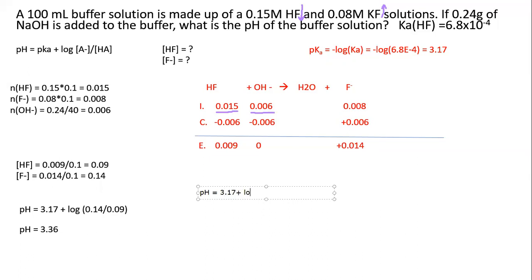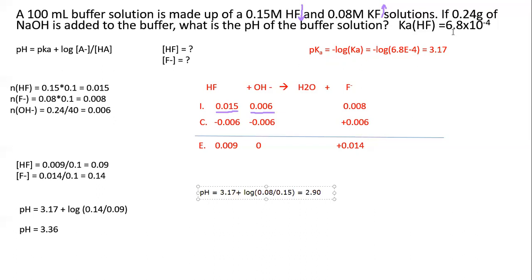Now if we calculate the initial pH of the buffer, the pH equals 3.17 plus log of 0.08 divided by 0.15. If we did it correctly, when we added the sodium hydroxide, the pH should have increased. And we get that the original pH of this buffer solution was 2.9.